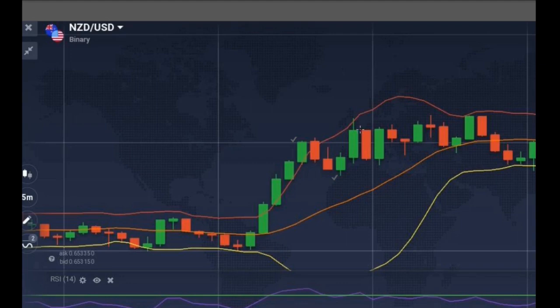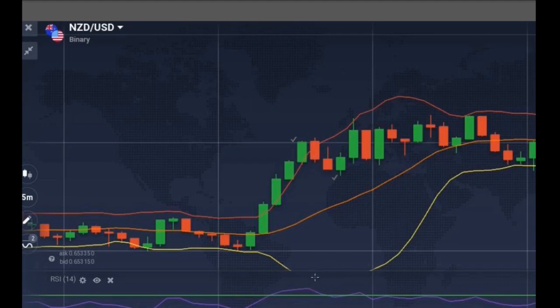So on the chart you have a higher high, whereas on the RSI chart you have a lower high. This level is lower than this level, so it's lower high, lower high, higher high, higher high.